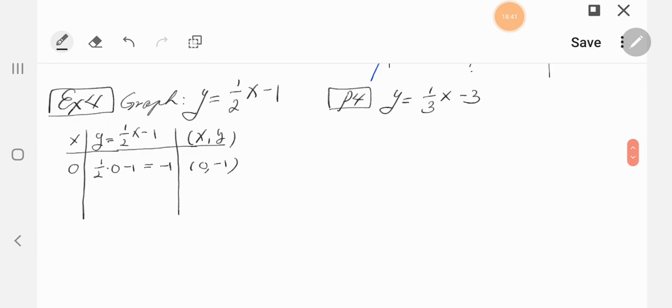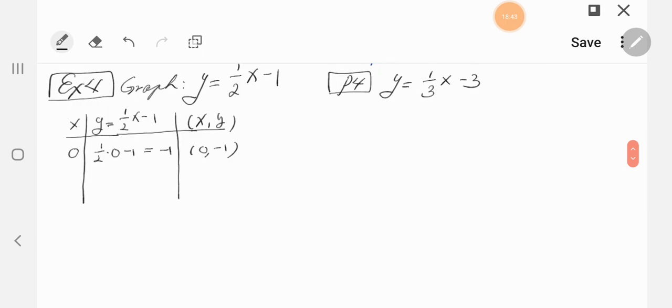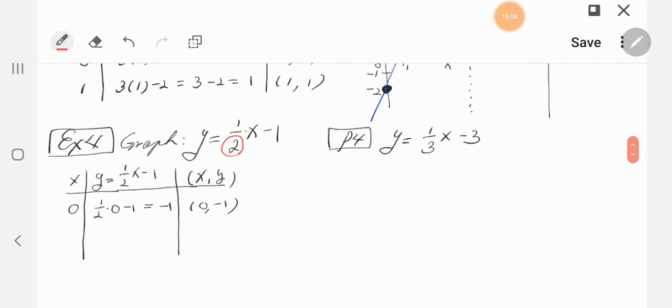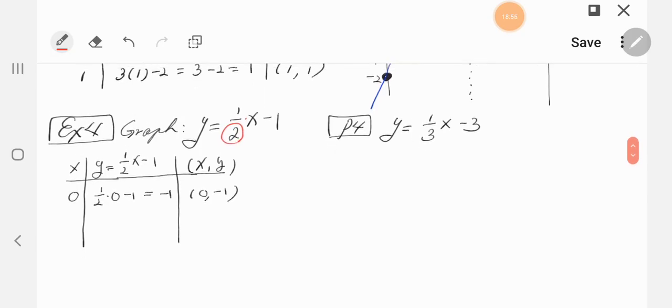Okay, another x point. Since the coefficient of x is 1/2, why don't we use a multiple of 2 for this x value, so that we don't have fractions? So why don't we use 2 for the x value instead of 1?